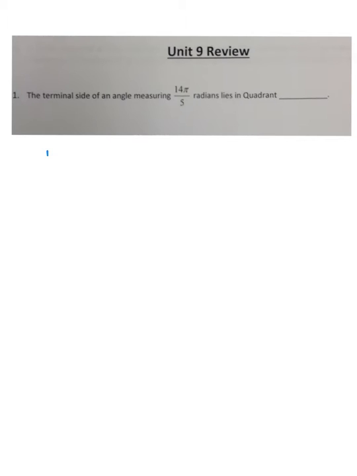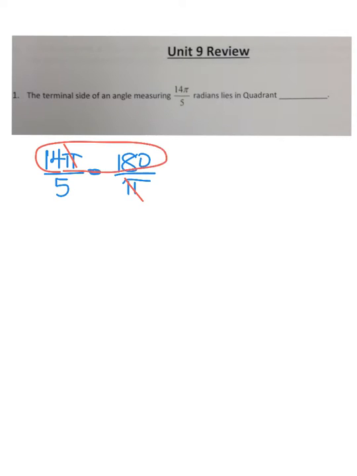I know that if I have radians, I can convert that angle to degrees if I multiply by 180 over pi. If I do that, remember that these pi's are going to cross out, and then I simply can multiply these two numbers, and then I'm going to divide that number by 5.